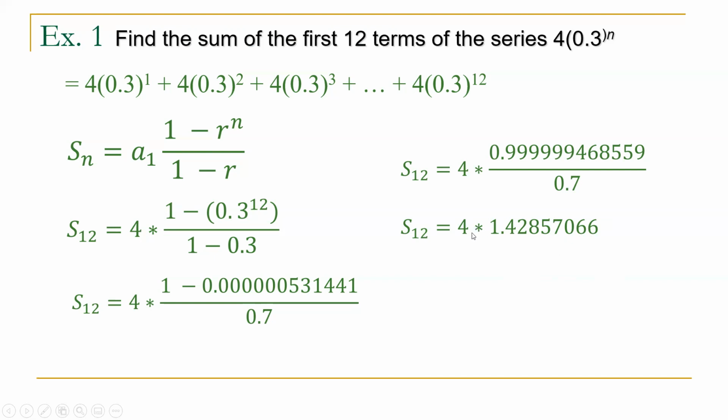Okay, after that, imumultiply na natin siya by 4. And ang final answer is 5.714. Ibig sabihin, yung sum of the first 12 terms of the series 4 times 0.3 is equal to 5.714. That is our geometric series.